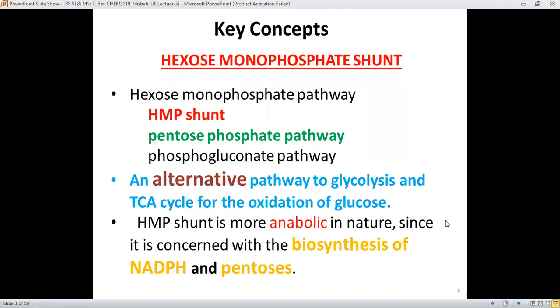It's also known as pentose phosphate pathway because many pentose sugars are involved in it, and it's also known as phosphogluconate pathway. It's in fact an alternative pathway to glycolysis and the TCA cycle for the oxidation of glucose, for the production and availability of energy in the form of glucose in a cell.